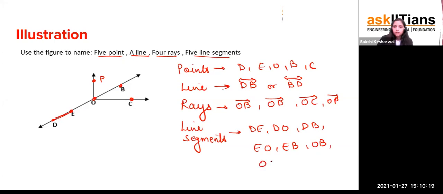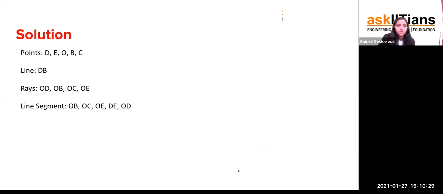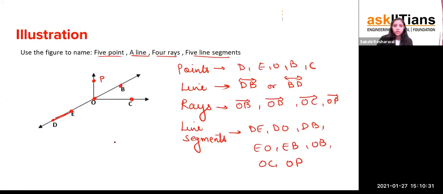Then OC and OP, are these line segments? Oh, I'm writing this, sorry. Don't take OC and OP because we have already taken those as rays.